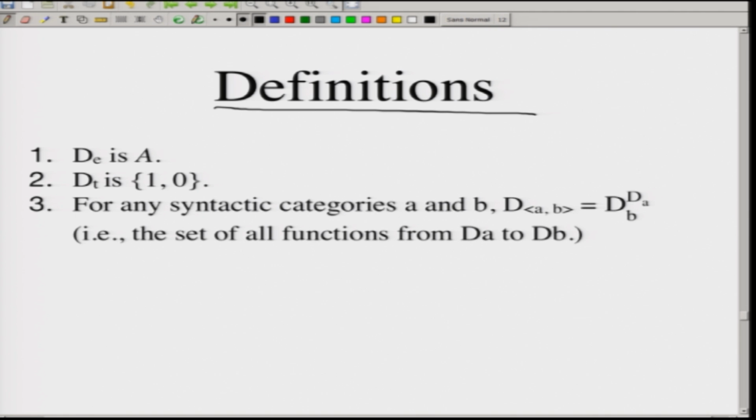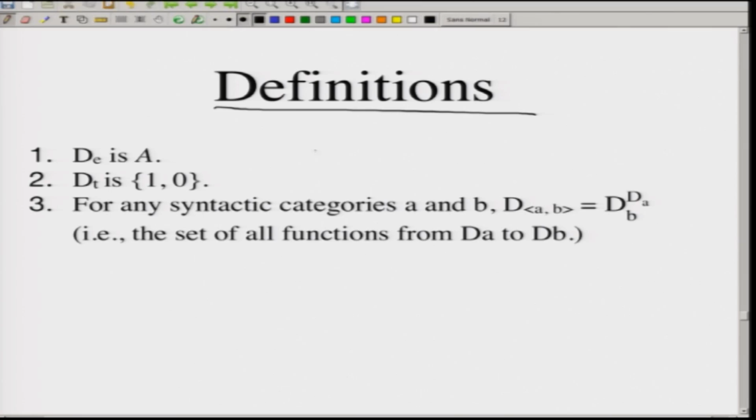We have two basic types, and based on those two we will construct infinite types. What are the types? One is d e, that is the set of all entities. You know the set of all entities is actually A. A is E 1 through E n.